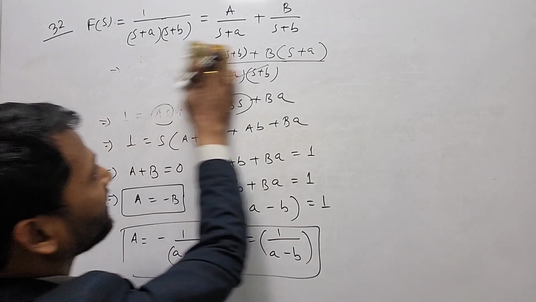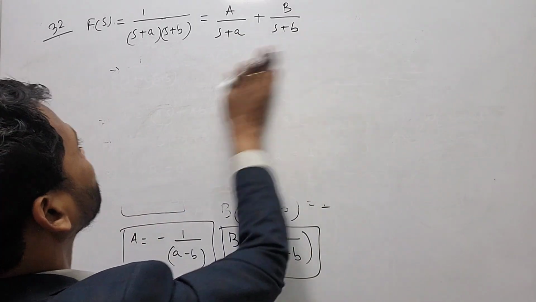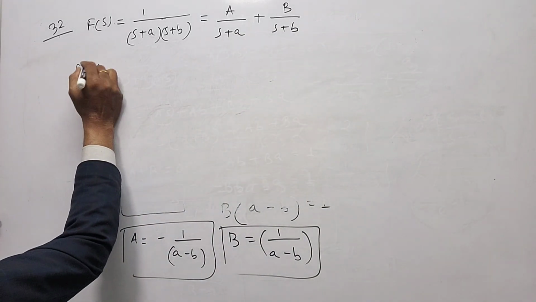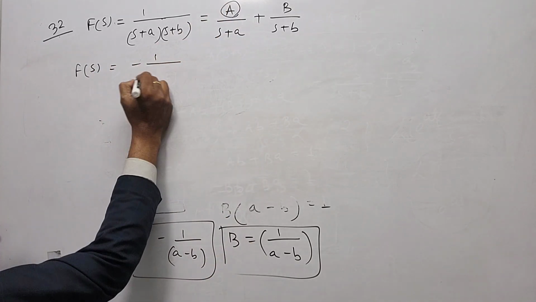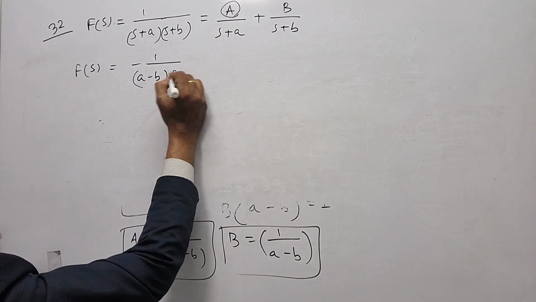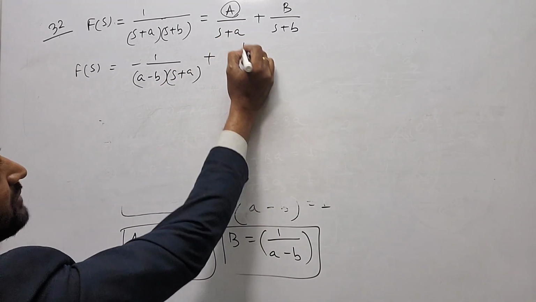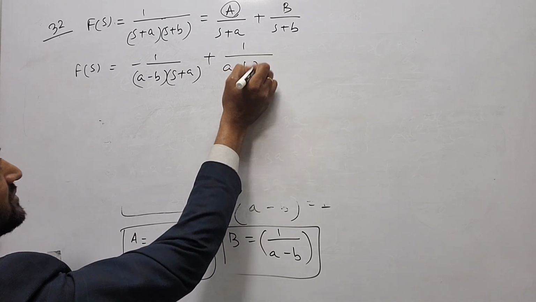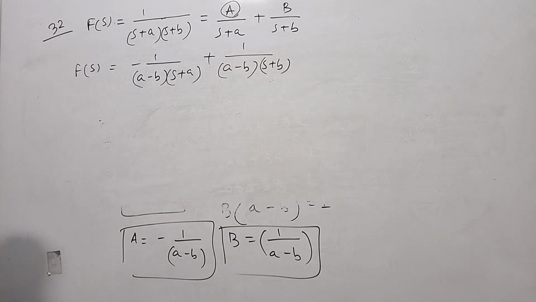So here I'm writing F(s). A is this one, minus 1 by a minus b, into 1 by s plus a. Then plus B, which is 1 by a minus b, into 1 by s plus b.